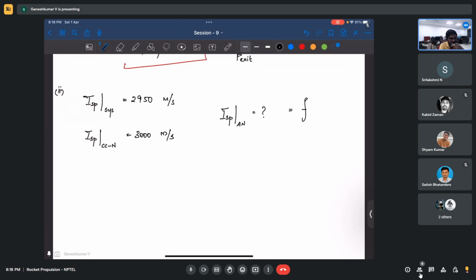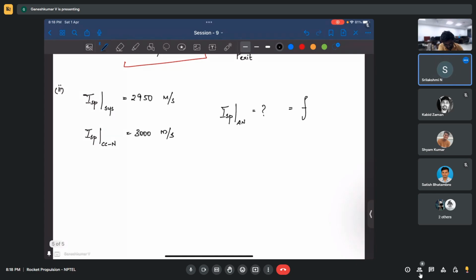You are right, actually. You should consider fuel fractions. The fuel fraction that comes to the combustion chamber would be 1 minus the fuel fraction which is going into the gas generator.